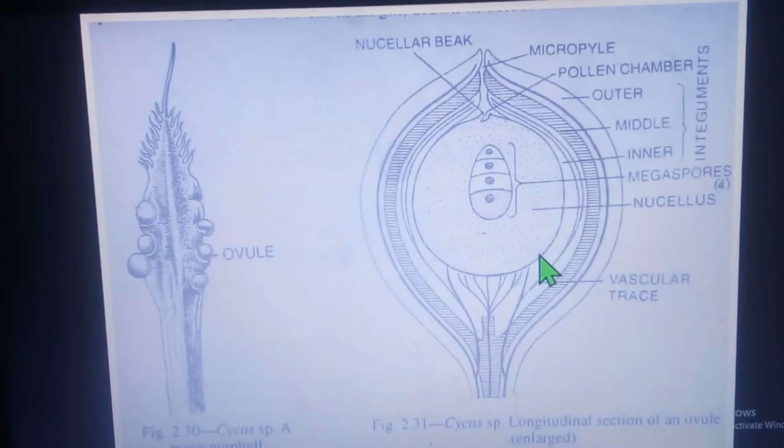So, a mature ovule consists of a massive nucellus. You can see here, this is a massive nucellus.